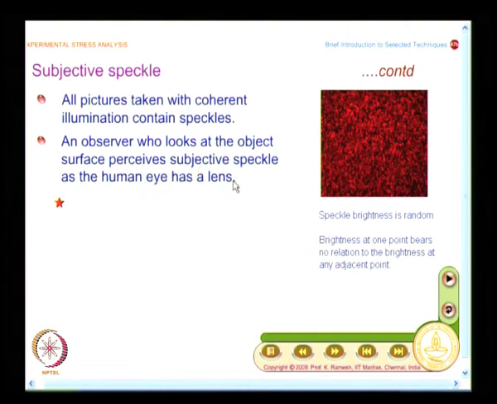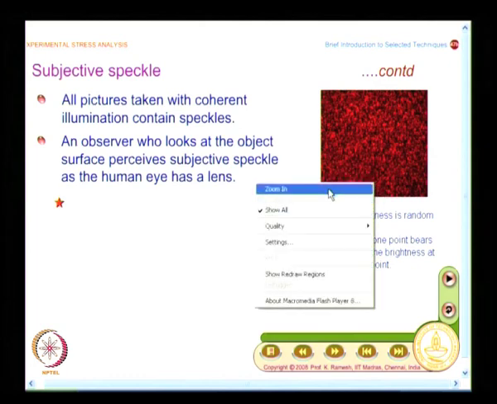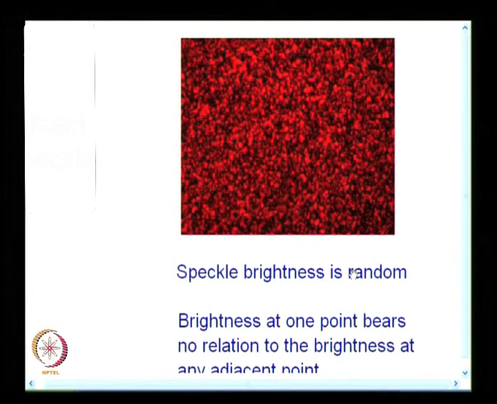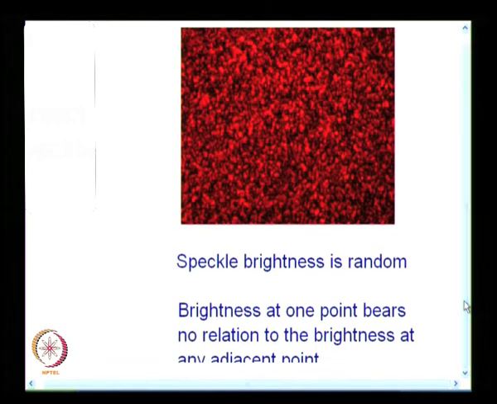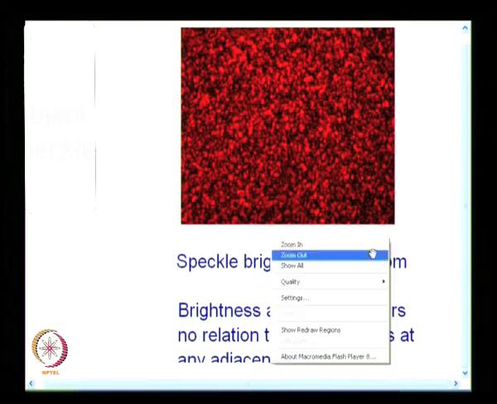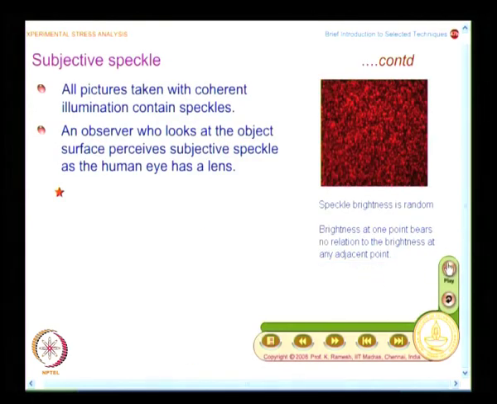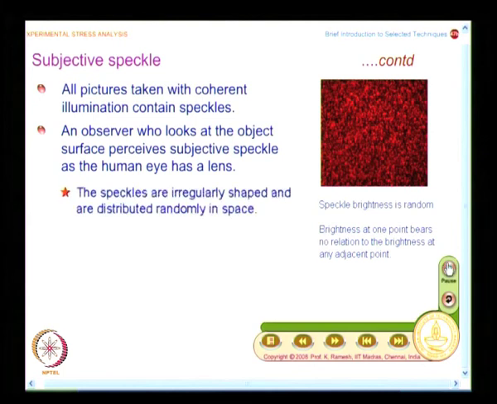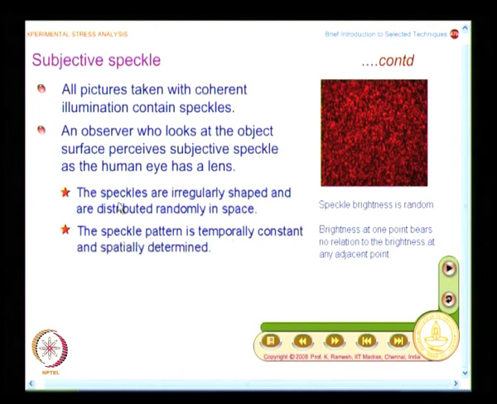This is what I also mentioned earlier. Speckle brightness is random, and brightness at one point bears no relation to the brightness at any adjacent point. These are all the characteristics of it, and it is put in slightly different words, because this is a very important characteristic.